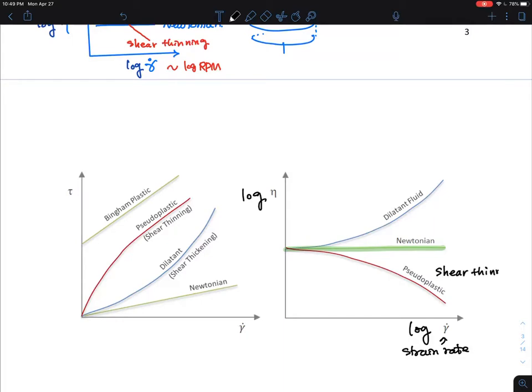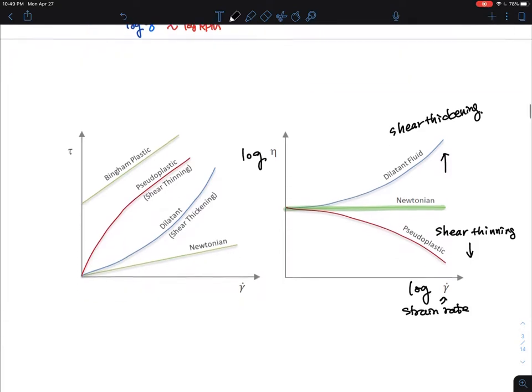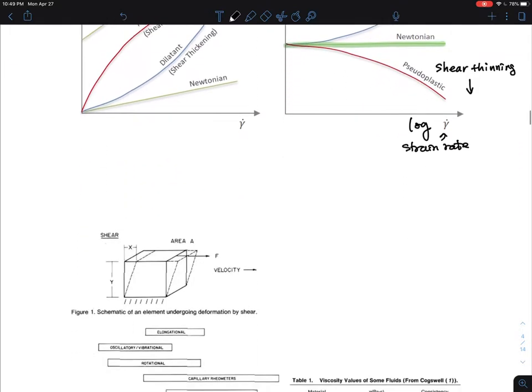Viscosity is lower at high RPM, and this is actually viscosity going up, and this is what we call the shear thickening. Okay, so those are the interpretations of what people say.